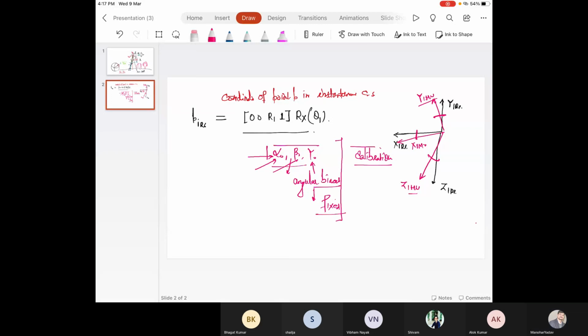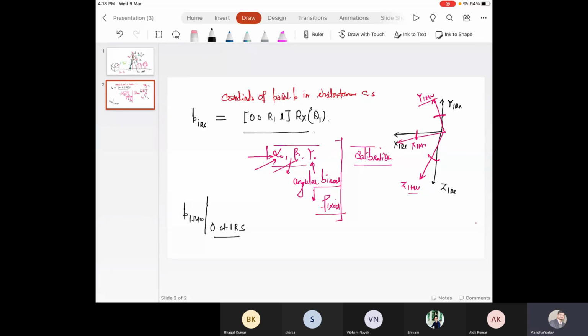Then what we do, we again multiply this vector. If you want to measure this vector point P in the IMU body coordinate system, but with origin at the instrument reference system, listen carefully.